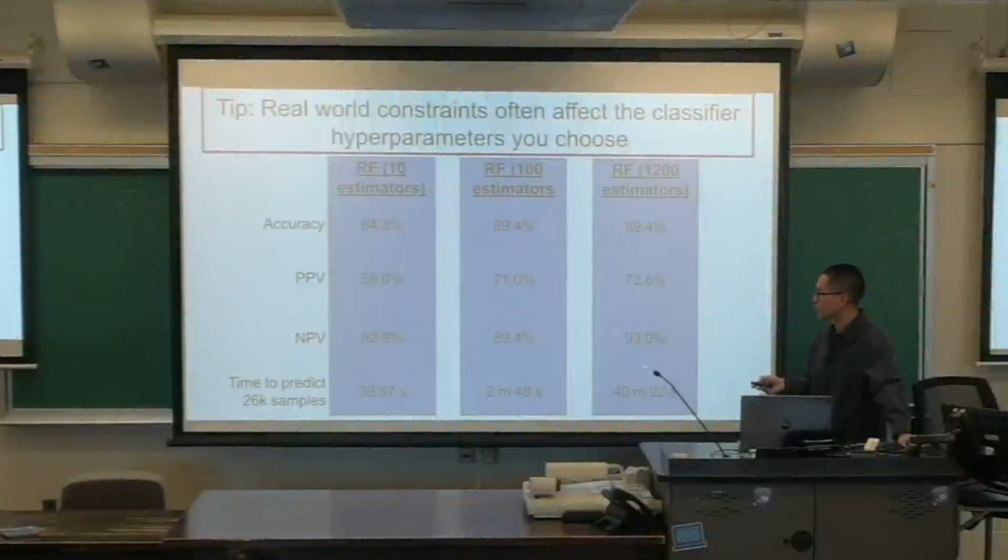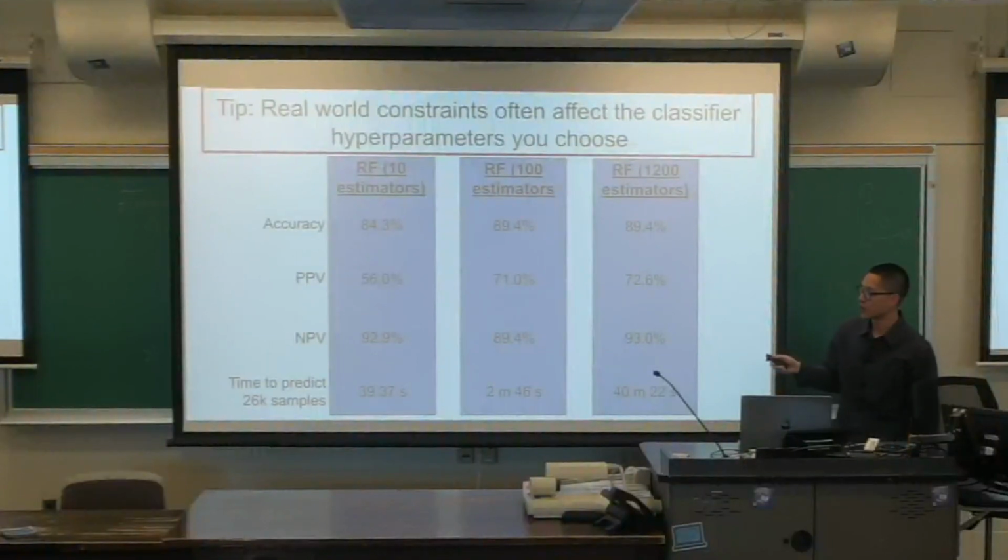But if we go further from 100 to 1200, we don't gain accuracy improvement at all, and it takes much longer to train. So we decide to go with the 100 estimator RF version, so that we strike the right balance between good accuracy and fast enough inference time for the stroke subjects. So we decide to use this configuration.